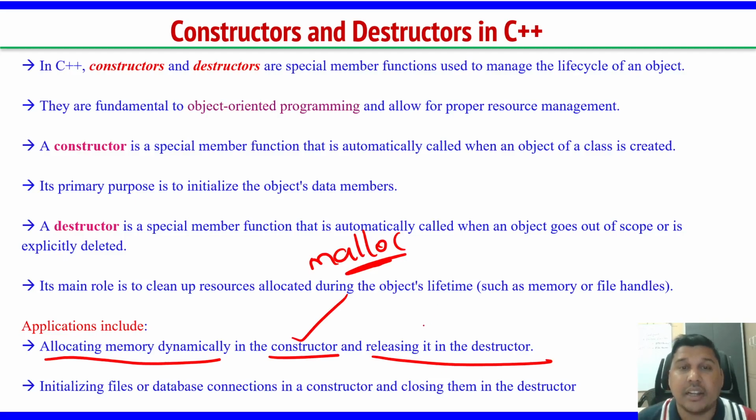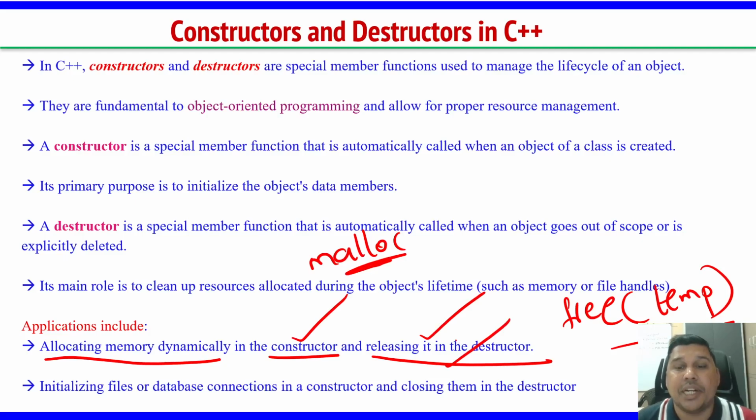When you are implementing a linked list, you can use this constructor concept, and then for releasing, whenever you write free of temp in the linked list concept, that can be written inside the destructor. You will understand this much better when you see some programming examples and how they work.